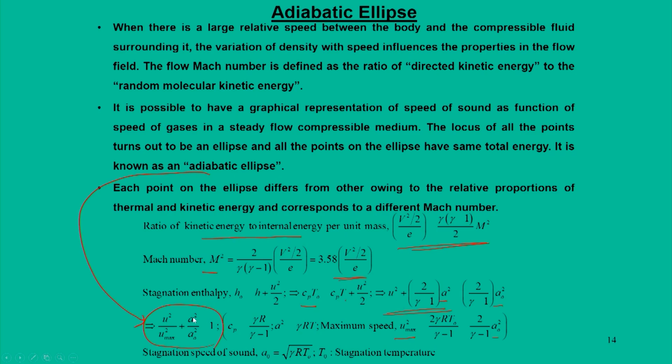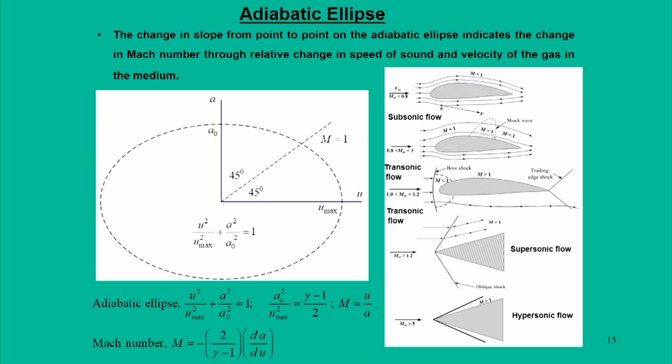So, by knowing these expressions, one can draw a curve of u and a and draw an ellipse. That equation of the ellipse is represented here, where the x axis is u and the y axis is a. So, what is u max? If the major axis is u, its maximum value is u max.